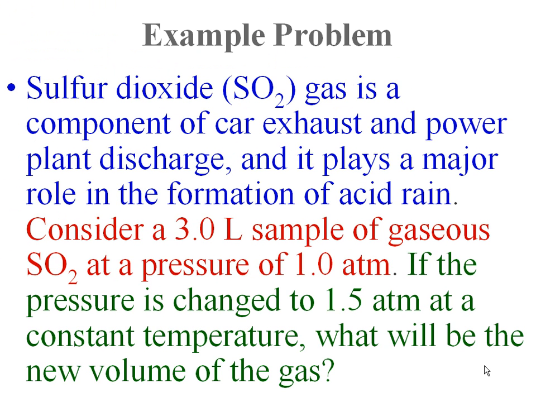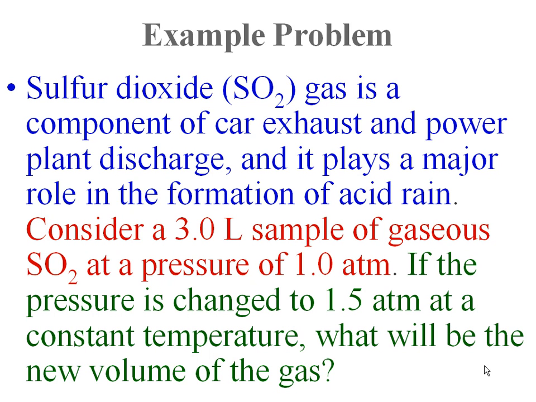Here is an example problem. This would be a typical type of problem that you would want to look at. Sulfur dioxide, SO2 gas, is a component of car exhaust and power plant discharge, and it plays a major role in the formation of acid rain.